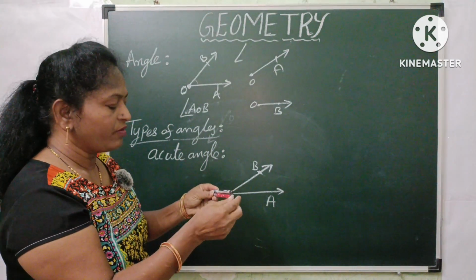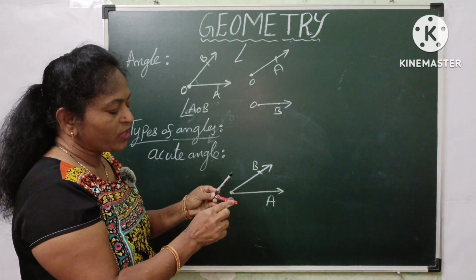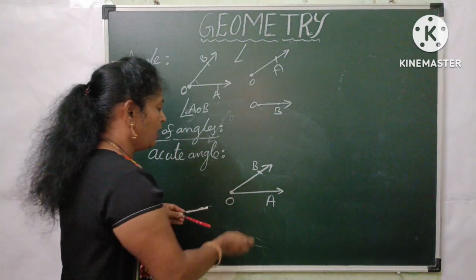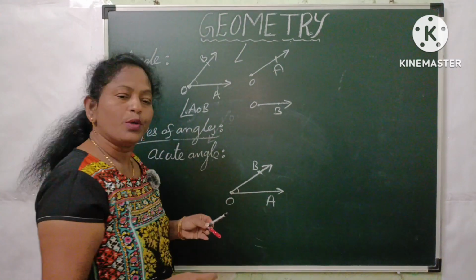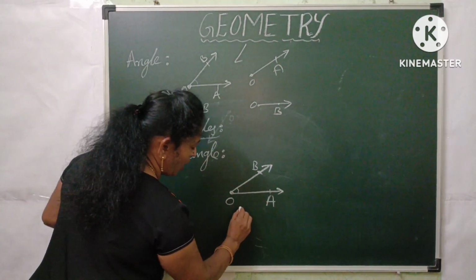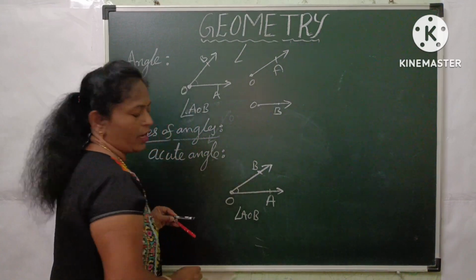When the terminal ray moves more than 0 degrees and less than 90 degrees, then the angle is called an acute angle. So here angle AOB is an acute angle.